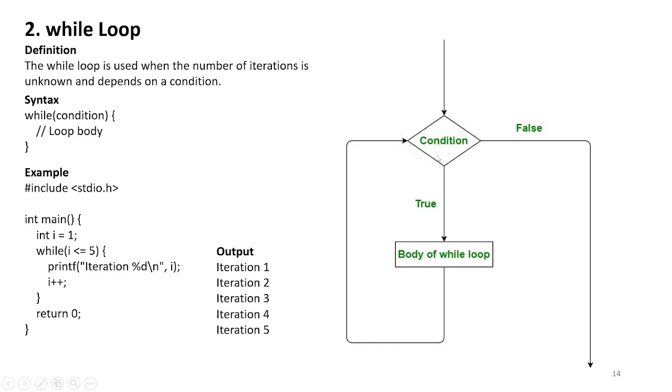Let's say at some point it doesn't satisfy the condition, meaning it becomes false. In that case, you can see my cursor, it simply goes out of the loop and stops. So that's the thing. You can simply code it on your own system.